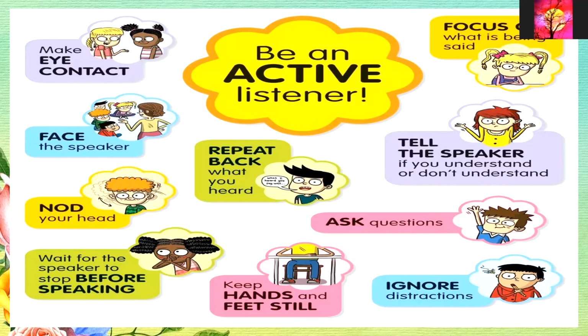You need to ask questions which are quite relevant to the topic which is being discussed. You should ignore distractions and concentrate fully on the speaker. You should keep your hands and feet still and not keep fidgeting in your seat. You should repeat back whatever you have heard or try to summarize it in your own words.